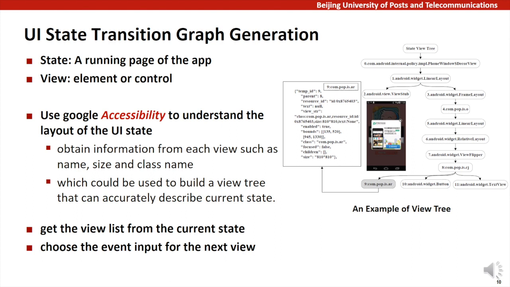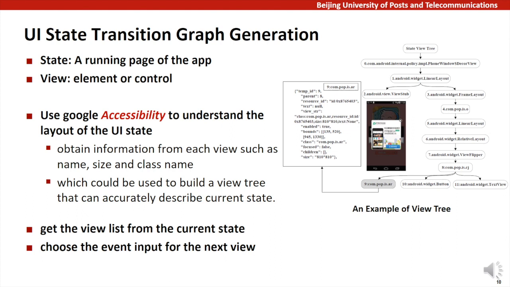As we all know, Monkey is the most popular and lightweight tool to perform Android GUI testing. But the inputs generated by Monkey are completely random, which is not effective for us to explore the ad content states and generate the UI transition graph. So in our approach, we generate the inputs based on the current UI state to simulate real user behaviors.